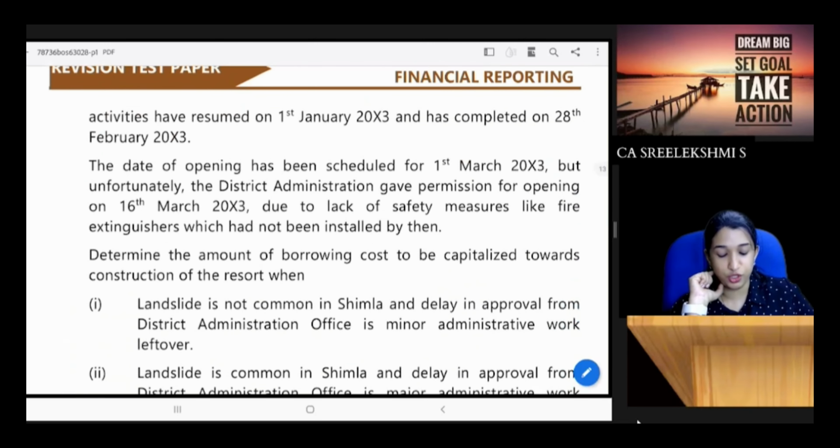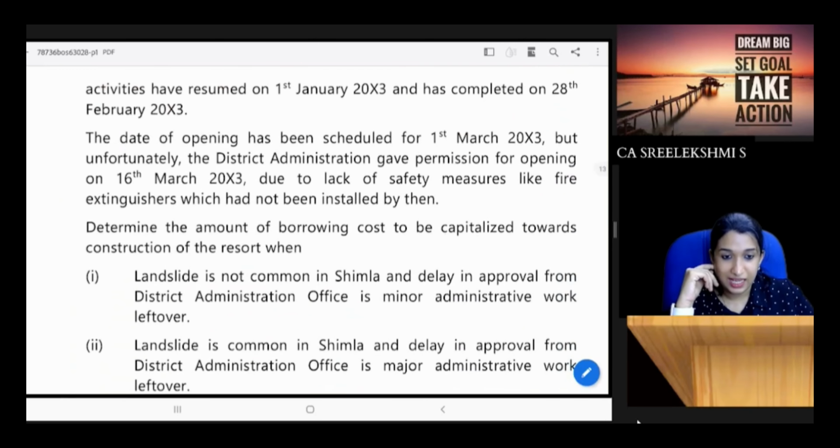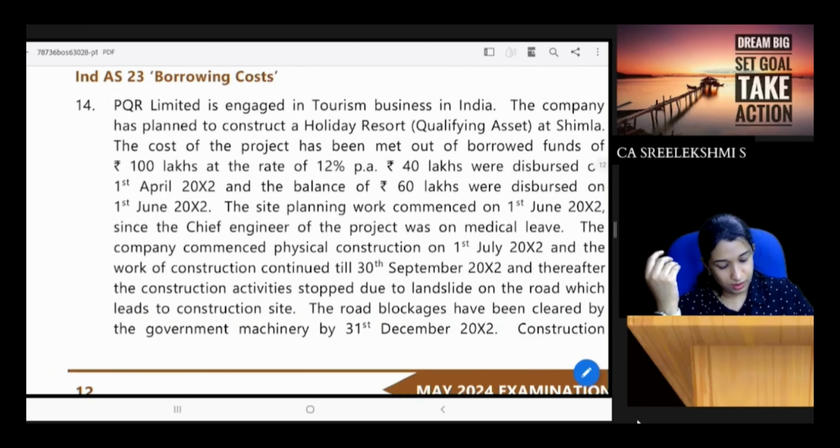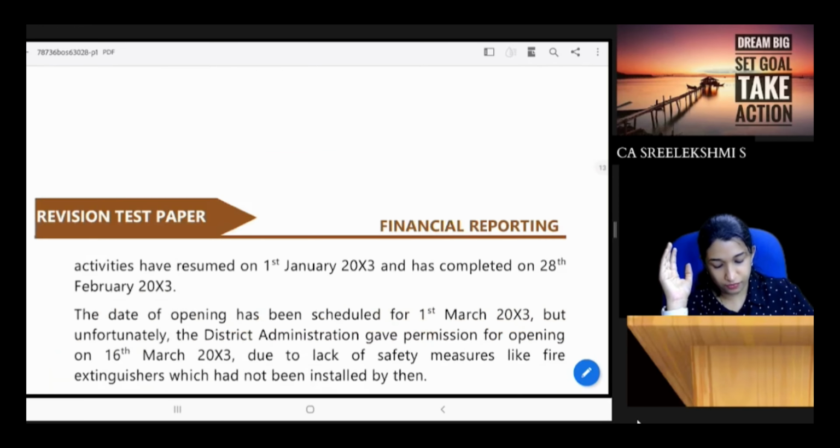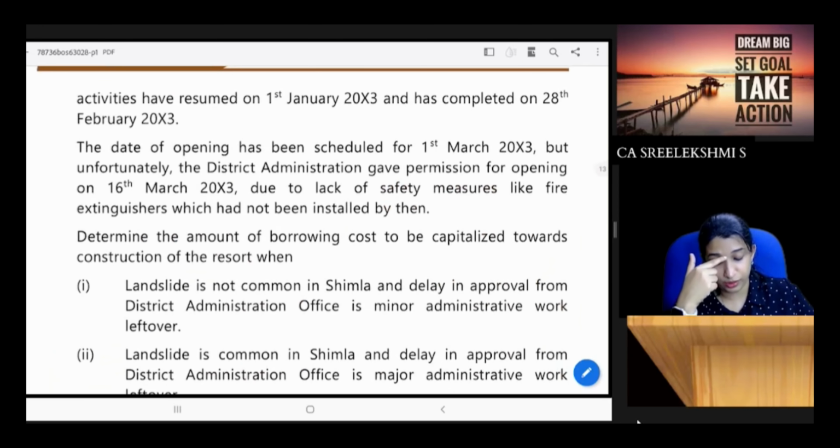Construction activities resumed on 1st January 2013 and were completed on 28th February 2013.